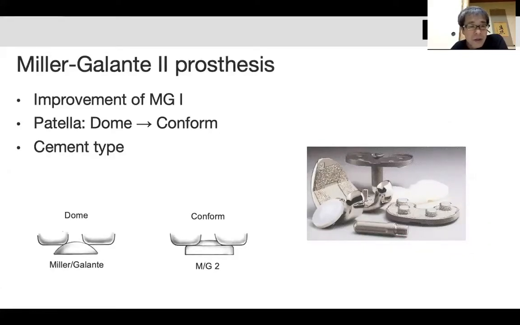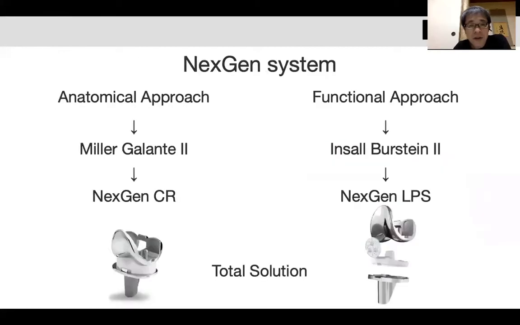We can also use the cemented type and a total system with some augment system, such as extended stems and augments or wedges. That means this system can be used for revision or some kinds of tumor. Several times we used this component. It was really, really good.